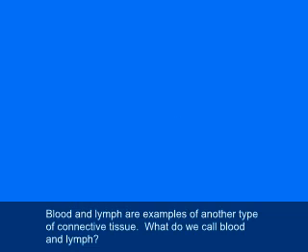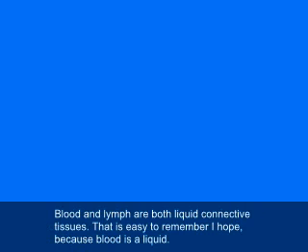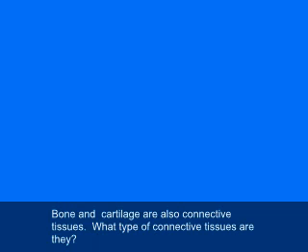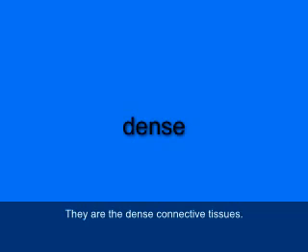Blood and lymph are an example of another type of connective tissue. What do we call blood and lymph? Well, blood and lymph are both liquid connective tissues, and that's easy to remember, I hope, because blood is a liquid. Bone and cartilage are also connective tissues. What type of connective tissues are they? Well, they're the dense connective tissues.